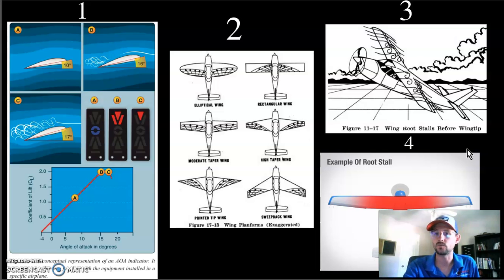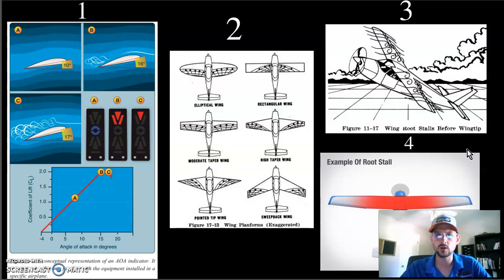This is called a root stall, and this is really great for our instructional aircraft because in picture number 4, you can see the root stall develop, where the red is where it's stalled. Now, as you can see, the ailerons are still developing lift, which means you can control the aircraft.